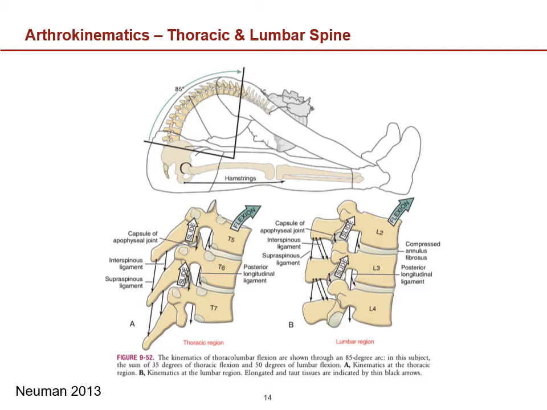And then as you go down closer to the TL junction, you'll notice that the facet orientation of the thoracic spine will gradually mimic that of the lumbar spine as it comes into the sagittal plane.